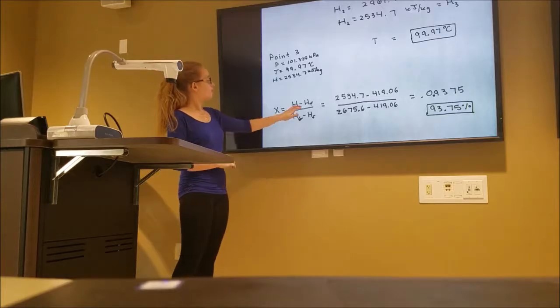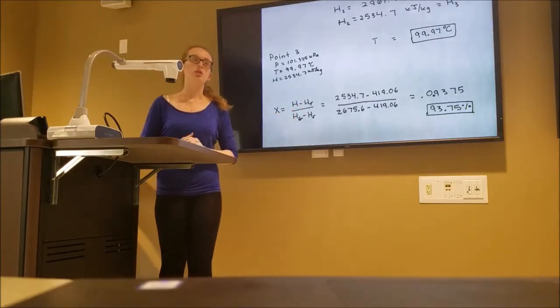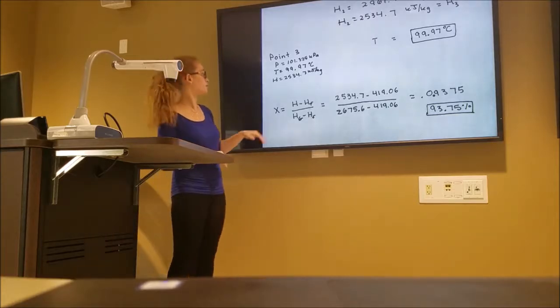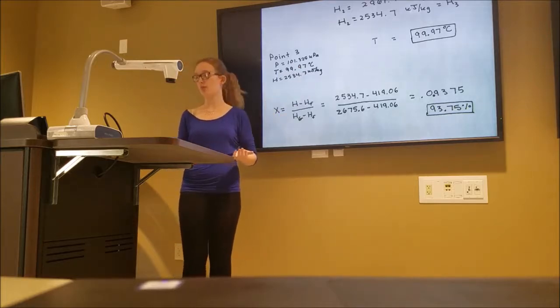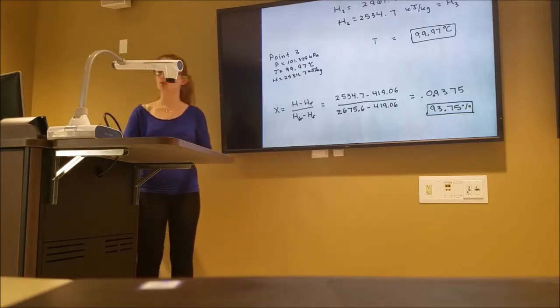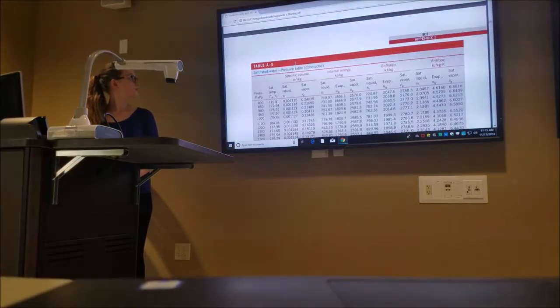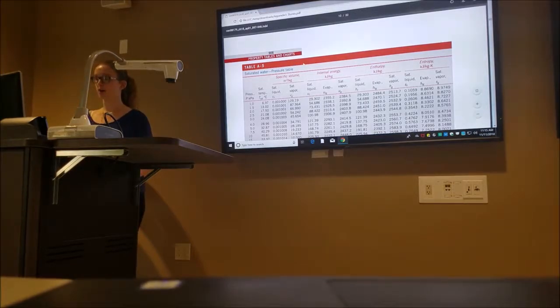So now we have H, so we need to get Hf and Hg, which we're going to get from a table. So we know that it's entering the atmosphere, which means that the pressure is 101.3 kilopascals, because that's what atmospheric pressure is. So going to another table, this is a pressure table for saturated water.